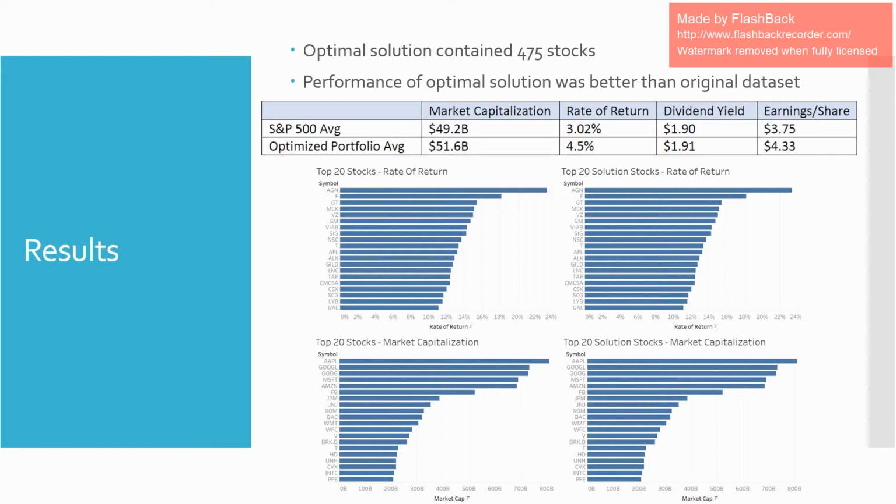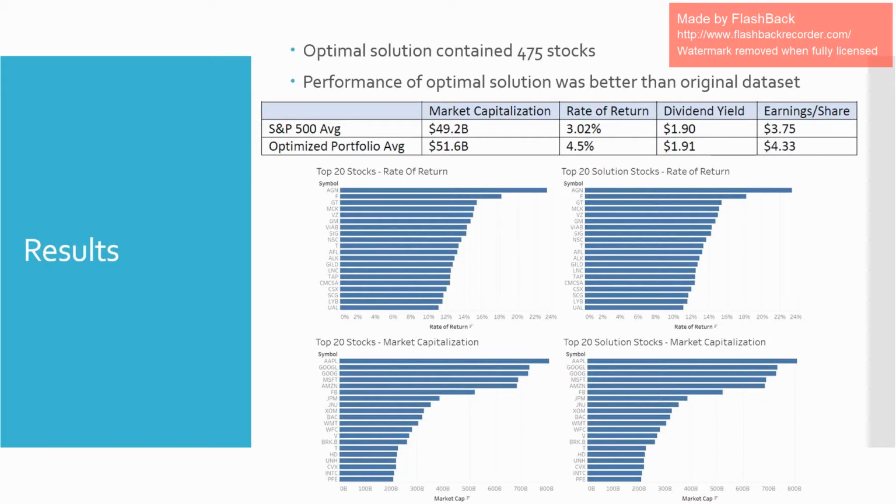You can tell by the bar charts here. They show the top 20 stocks in the total S&P 500 and in the optimal solution for both rate of return and market capitalization. And in both cases, the same stocks show up in the top 20. So all of the well-performing stocks are included in the solution.